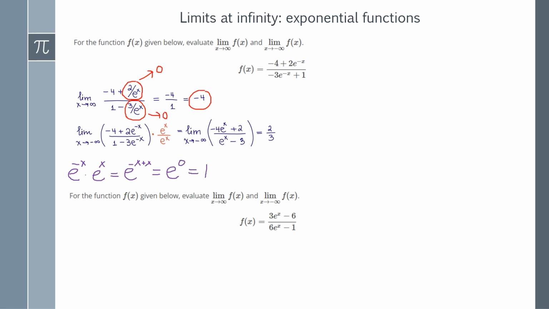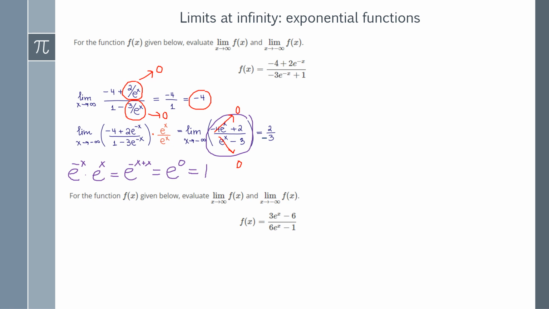So now I have this expression right here. Once I evaluate this for x going to negative infinity, this term goes to 0, and e to the x also goes to 0. So we're left with 2 in the numerator and negative 3 in the denominator. The limit as x goes to negative infinity is negative 2 over 3.